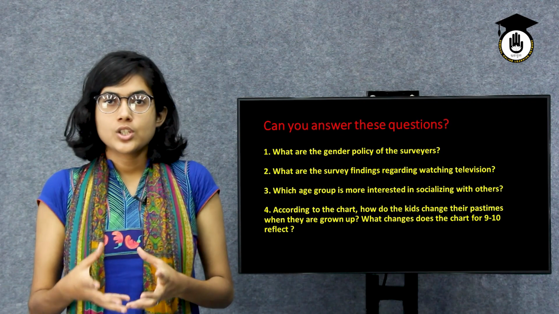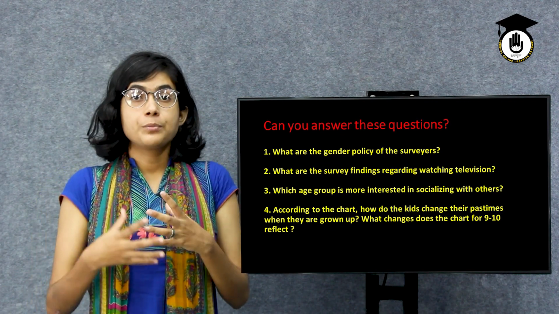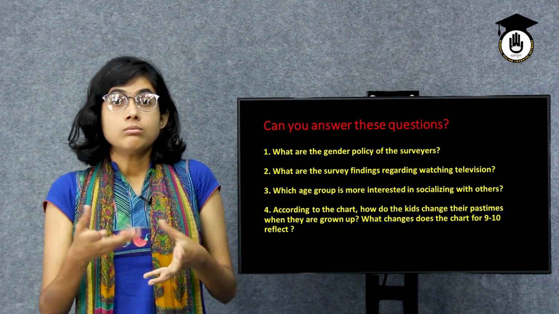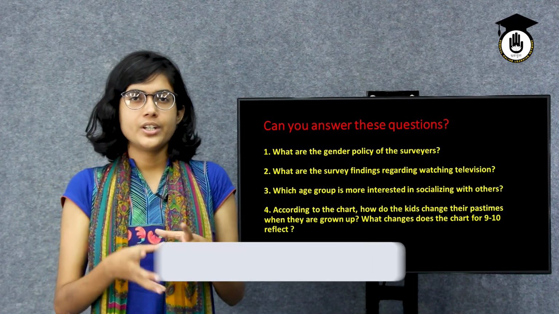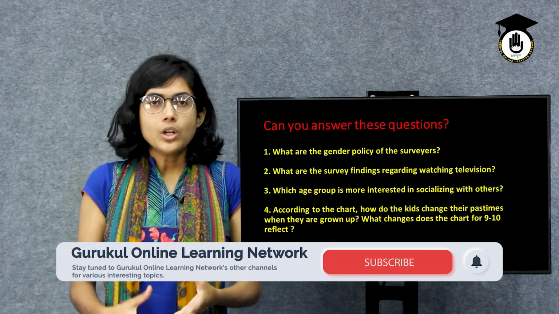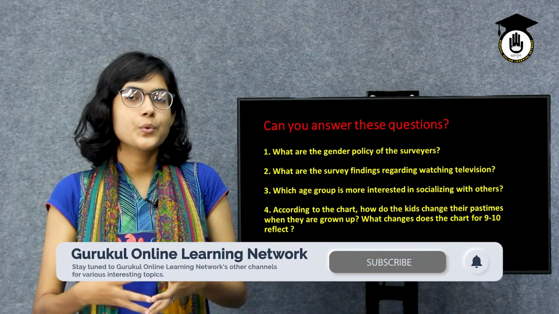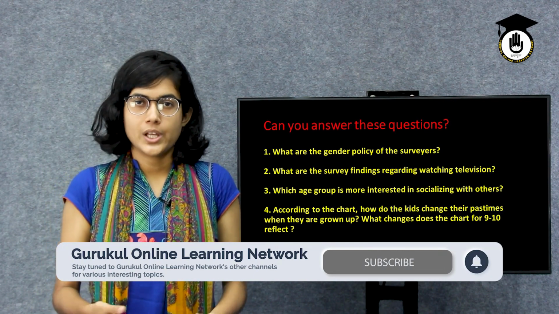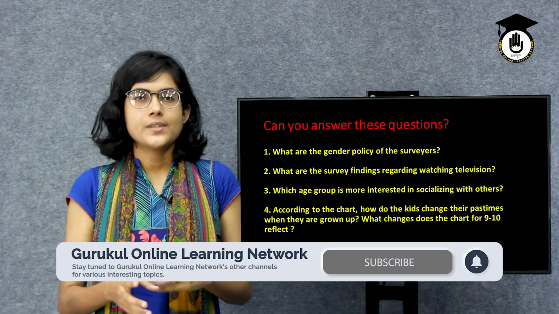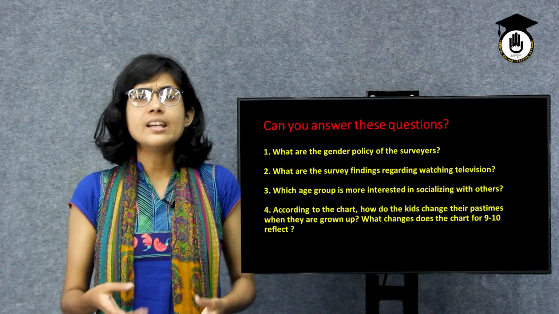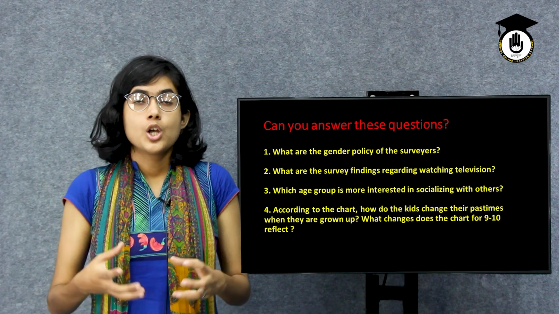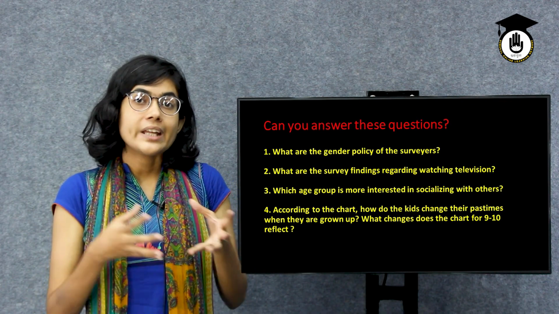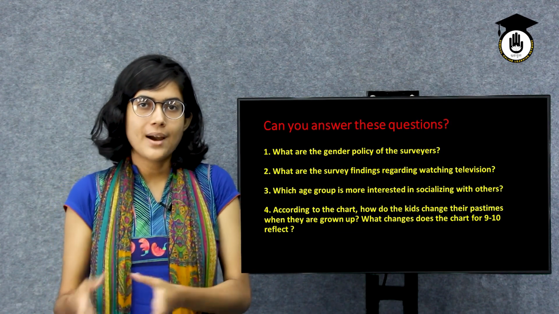So watching television, playing computer games, attending social programs, and reading books as well, are more preferred in the younger group. The grown-up kids are more into socializing with their friends, chatting with their friends. They also do prefer watching television as well, and obviously attending social programs. So this is how we can see the changes among the different age groups about their pastimes.